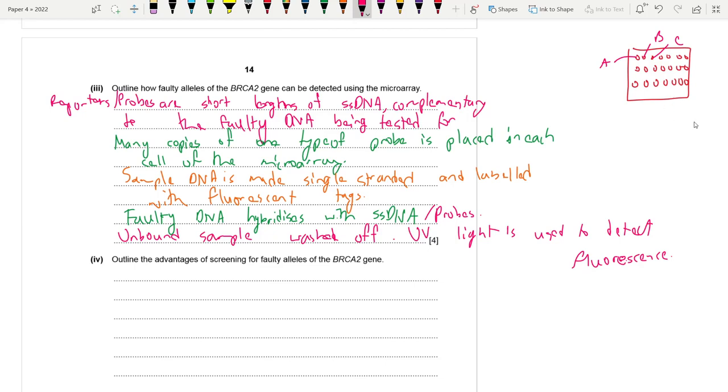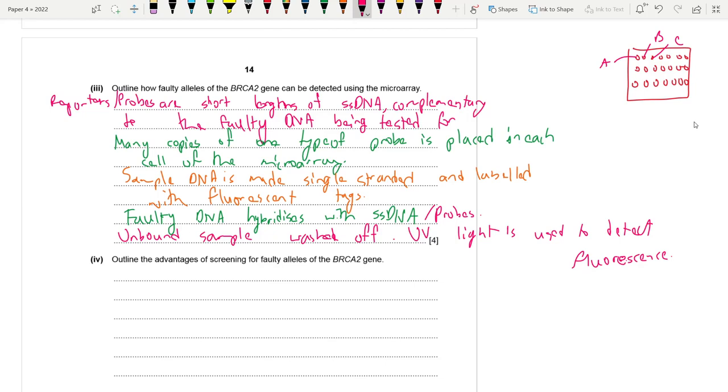So we are getting the sample DNA from the individual who we think has faulty DNA. It actually hybridizes with the probes on the microarray basically. So the unbound sample is washed off and UV light is used to detect fluorescence.